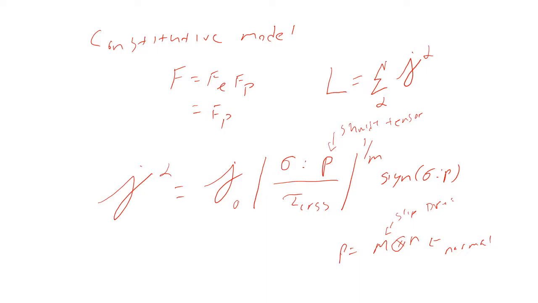So this exponent here, if this is smaller, say this is now 1 over 10, this doesn't go to 0 and infinity as quickly. What that has the effect of is rounding what would be the elastic plastic transition.